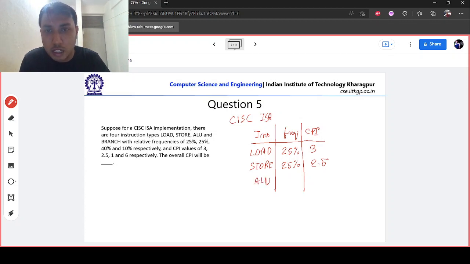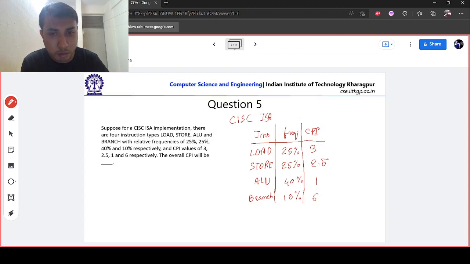ALU is 40% of the instructions, and it has a CPI of 1. Then branch is 10% of the instructions, and its CPI is 6. So what will be the overall CPI?